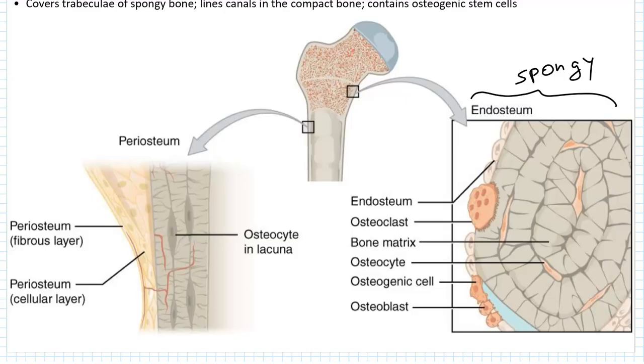So the surfaces of anything inside the bone, surfaces of trabeculae, or the inner surface of the medullary cavity, they are all covered in the thin connective tissue called endosteum. Are we doing all right so far?